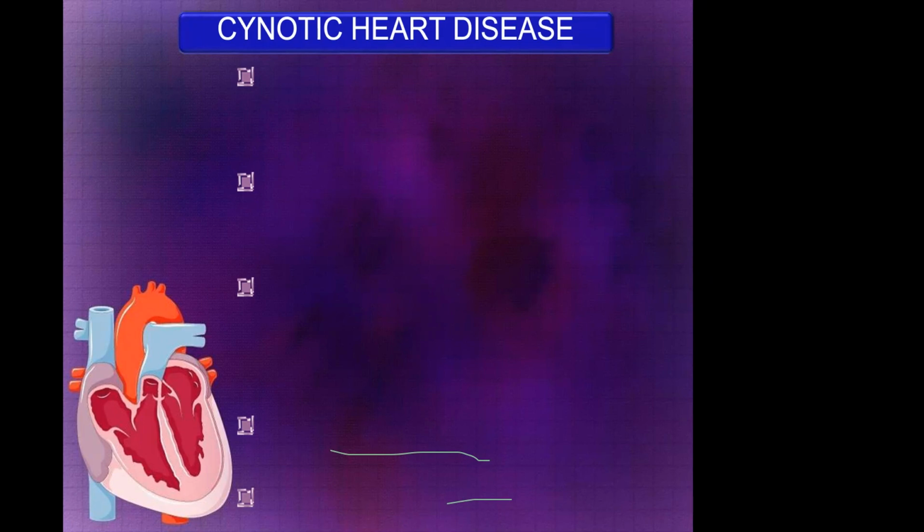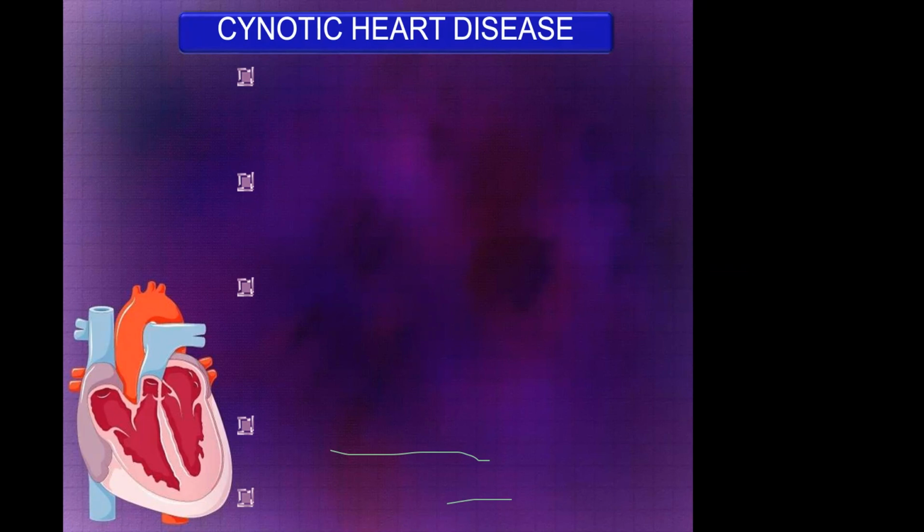And the primary pathology arises either due to an obstructive lesion or due to abnormal anatomy, or even sometimes both. And the shunt is predominantly from right to left, due to which there's shunting of venous blood without passing through the lungs to be oxygenated.